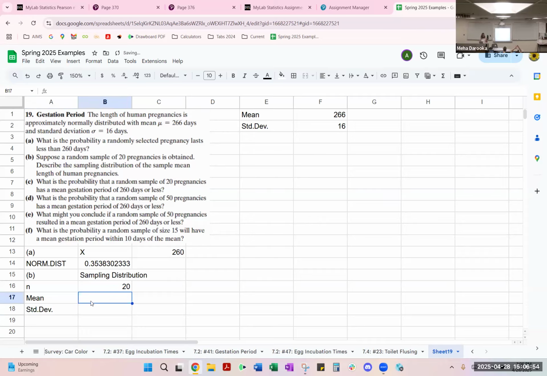Remember, the mean for the sampling distribution is going to be what? Yeah, same as the population mean. And then what is the standard deviation for the sampling distribution?